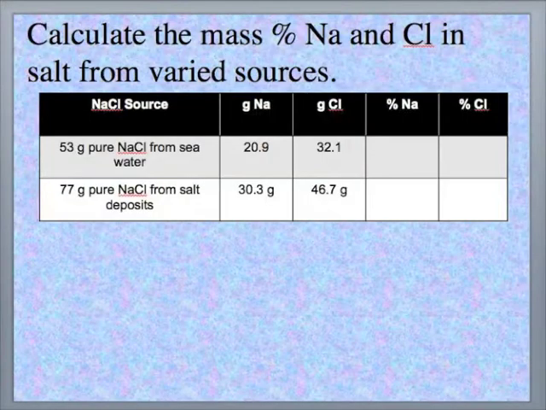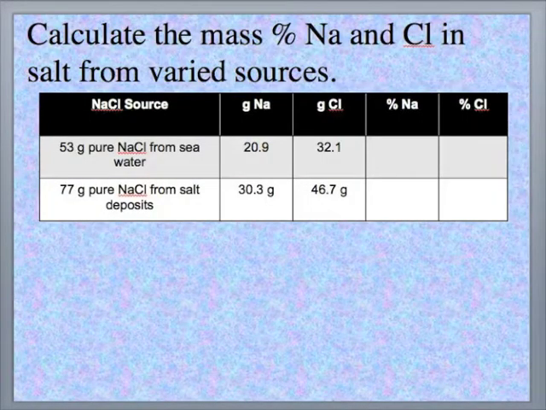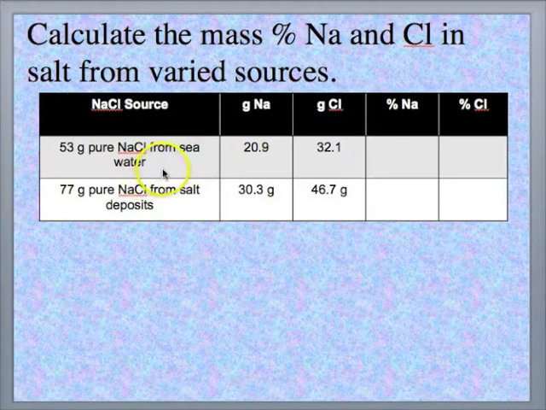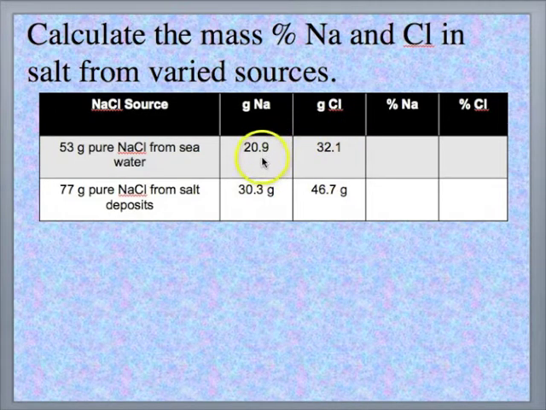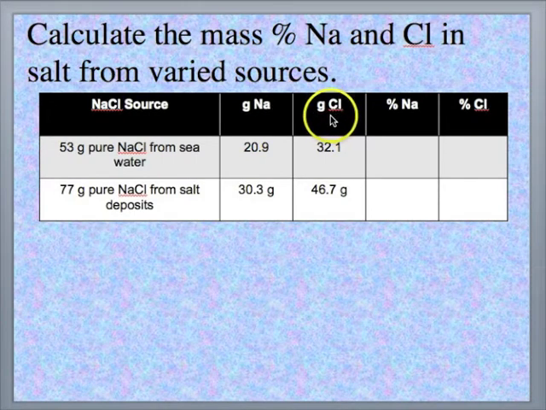Now let's discuss another experiment. Say we have pure sodium chloride from seawater, and we have 53 grams of it. Somehow we're able to separate the sodium and the chlorine, and we're able to measure the grams of sodium, the grams of chlorine, and we get 20.9 grams of sodium and 32.1 grams of chlorine.